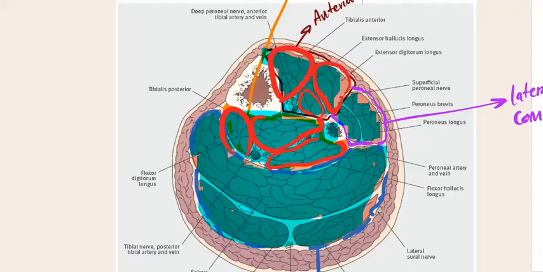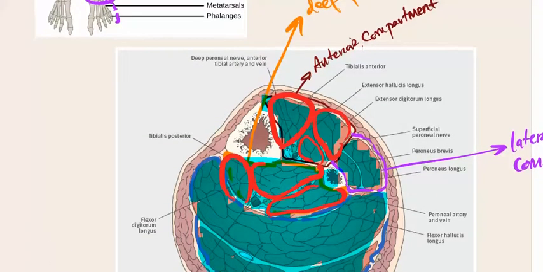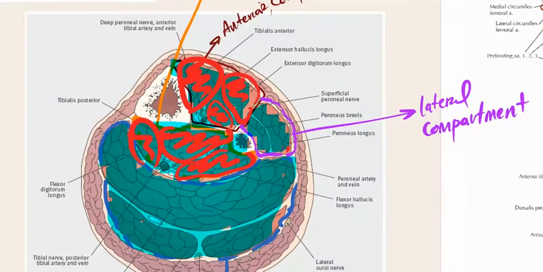We have 2 extensors, and then we have 2 flexors. All right, you guys see that? And then in the lateral compartment, we have the peroneus longus and the peroneus brevis, right?